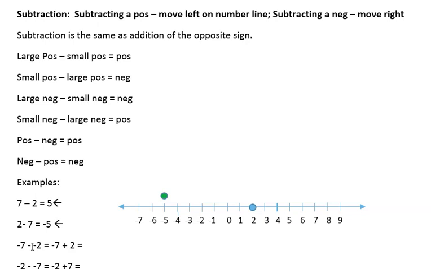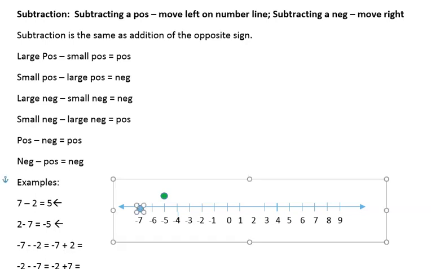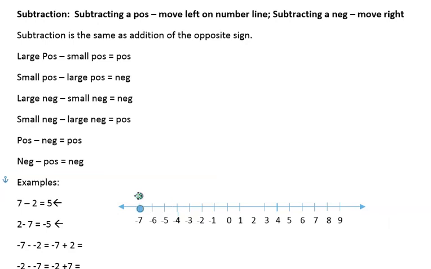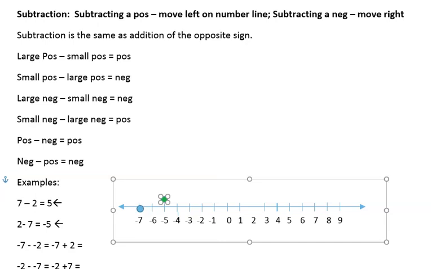Negative 7 subtract negative 2. So when you get these two negatives in a row, that's particularly where it's useful to change the signs, because subtracting a negative is the same as adding a positive. So I'm starting out at negative 7, and I'm adding 2. So I'm going to move to the right, and I end up with negative 5.